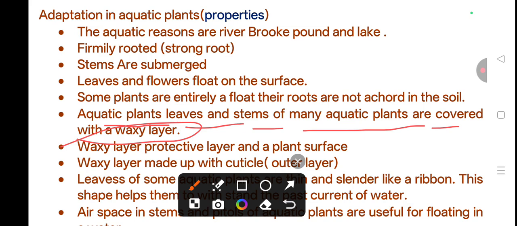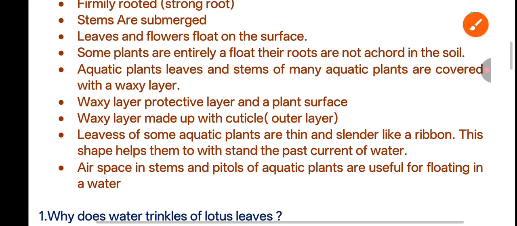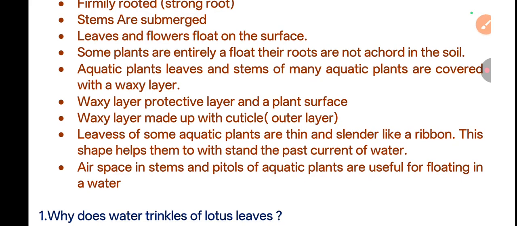The lotus flower is there, and the lotus leaf also in the aquatic region. Lotus leaves contain a waxy layer. Why is it there? What is the use of that waxy layer? The waxy layer is a protective layer on the plant surface.